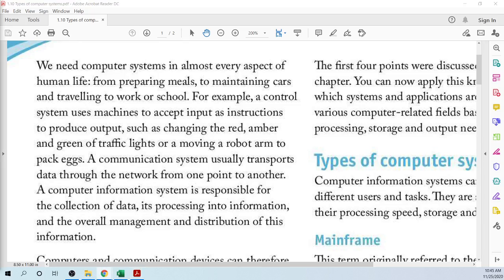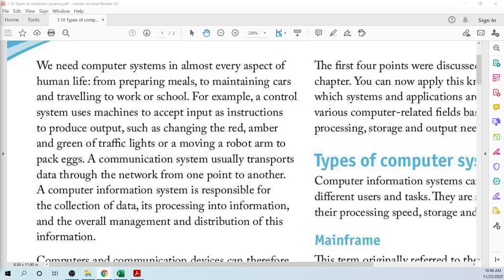We need computers. We need computer systems in almost every aspect of human life, from preparing meals to maintaining cars and traveling to work or school.